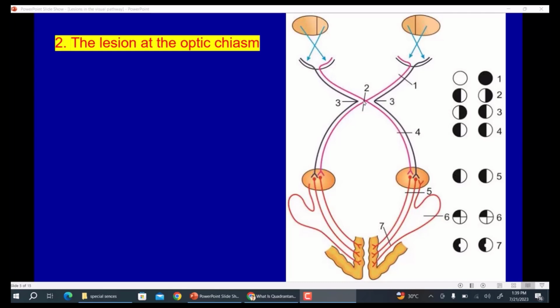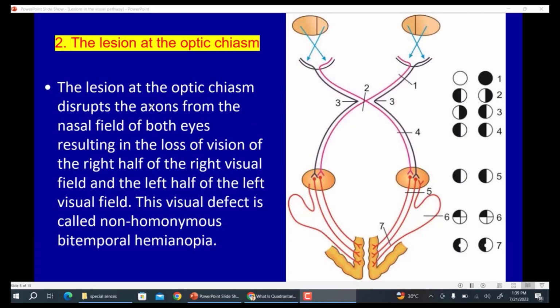This area contains fibers from the nasal side of the retina of both eyes, and if damage occurs here, the lesion disrupts the axons from the nasal retina of both eyes, resulting in loss of vision of the right half of the right visual field and the left half of the left visual field. This visual defect is called non-homonymous bitemporal hemianopia.